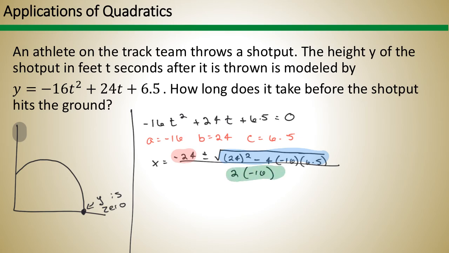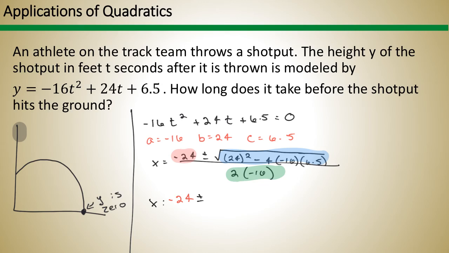So again, the red part is just going to stay the same. So we have x is equal to negative 24 plus or minus the square root of 24 squared minus 4 times negative 16 times 6.5.